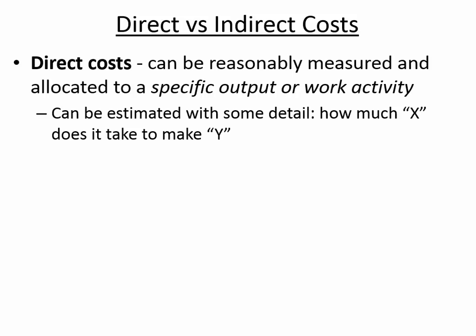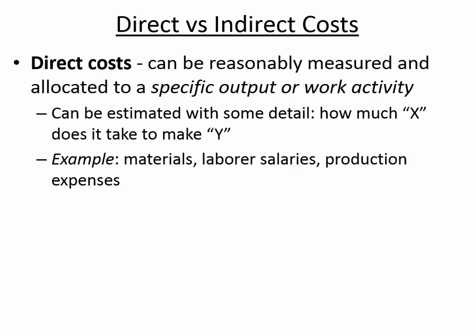First of all, direct costs. As the definition says here, that's when cost can be allocated to a specific output or work activity. For instance, if the question can be answered, how much of something does it take to make the end product, then most likely we're talking about a direct cost. One example of a direct cost would be materials.